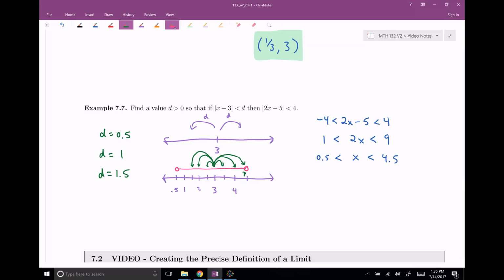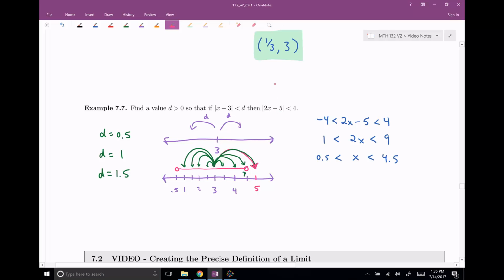If I go one more step, though, if I do distance 2 away, notice to the left, I'm okay, but to the right, I've gone too far, right? So let me go ahead and do this one in red. So this is now out of this region. If I was to try to plug in, so distance 2 away, this would be 5 up here. If I plug in 5 here, well, 2 times 5 would be 10, minus 5 would be 5.